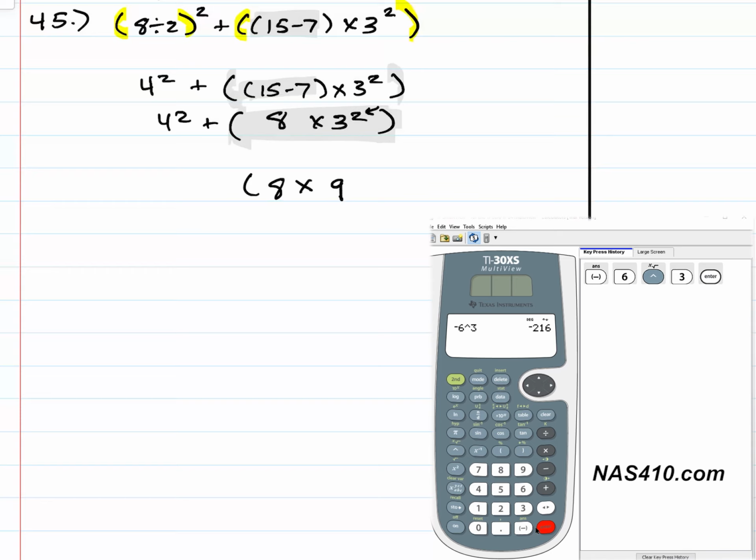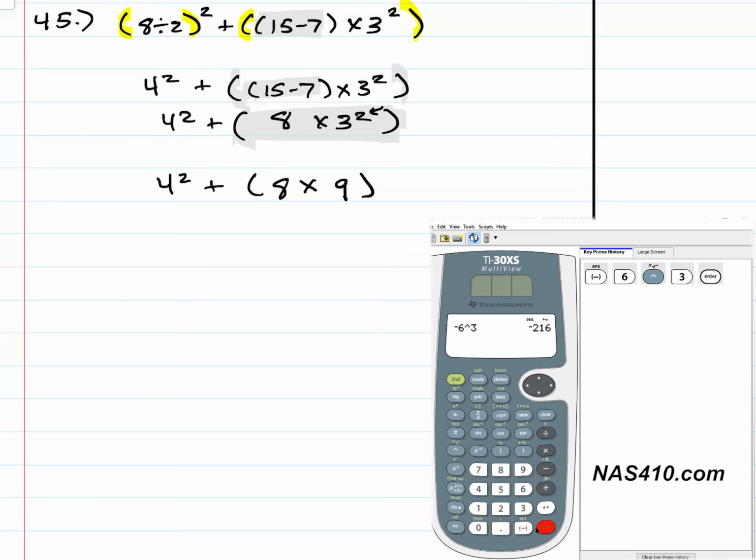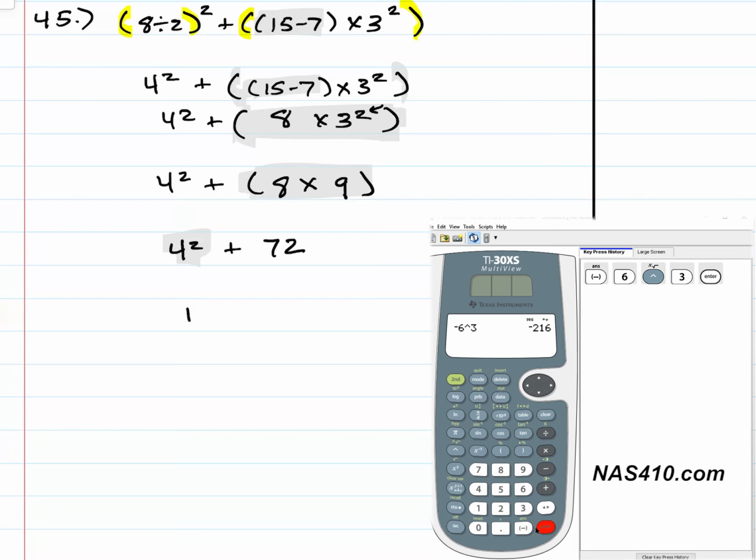Okay, so I have 4 squared plus 8 times 9, and I still have one more operation to do within these parentheses, and so 8 times 9 is 72. Okay, next I have this exponent to tackle here, so I'm going to do that next. So 4 times 4 is 16 plus 72, all right? And 16 and 72 is 88.